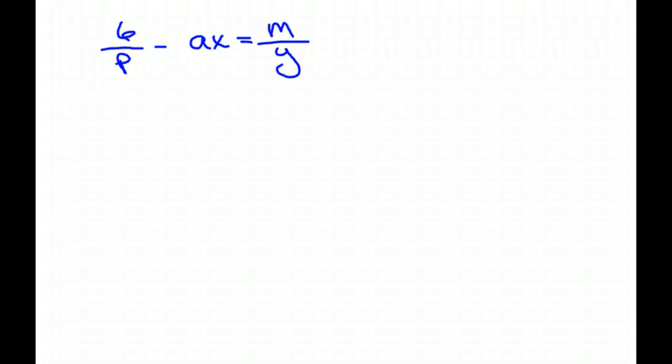Okay, so let's try one more. Let's do one like 6 over p minus ax equals m over y plus k.